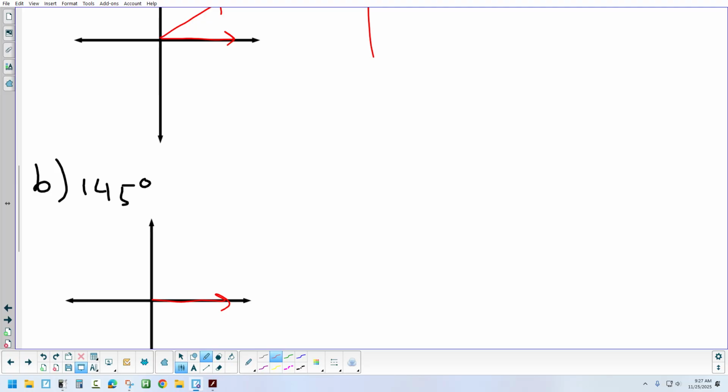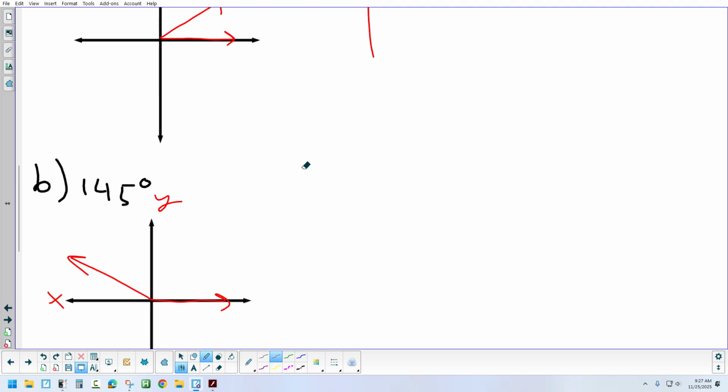Yep, so it would be in quadrant 2. And can you be a little bit more specific about where in the quadrant? A little bit past 135. Yeah, a little bit past 135. 135 is right in the middle. So this is the y-axis, this is the x-axis. This angle is a little bit closer to the x-axis. So something kind of like that.